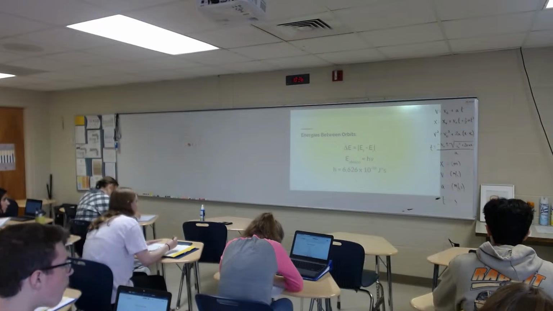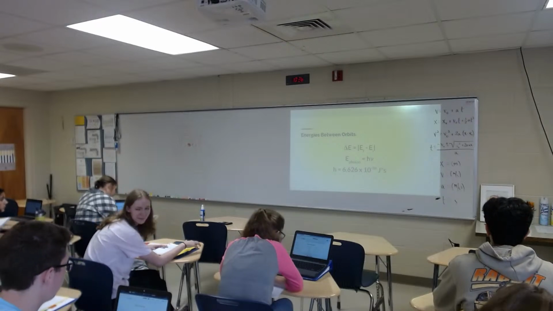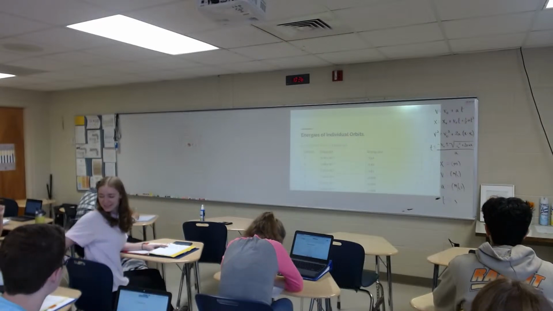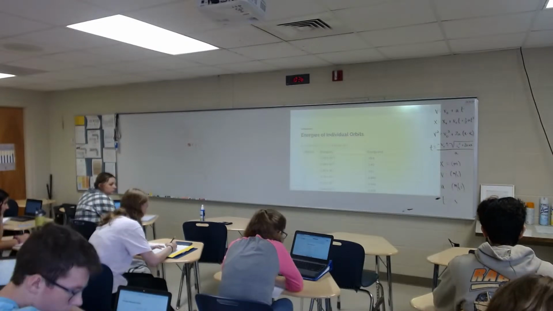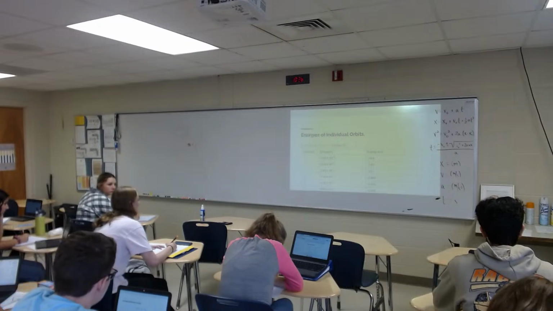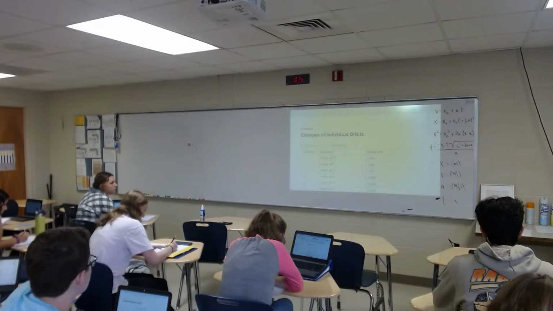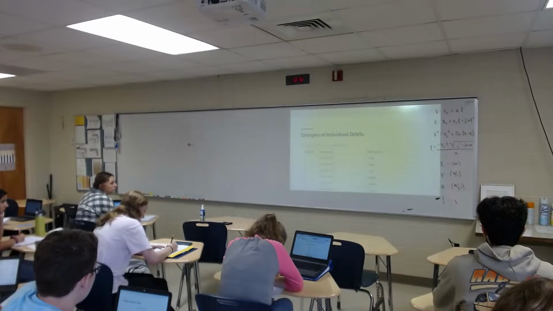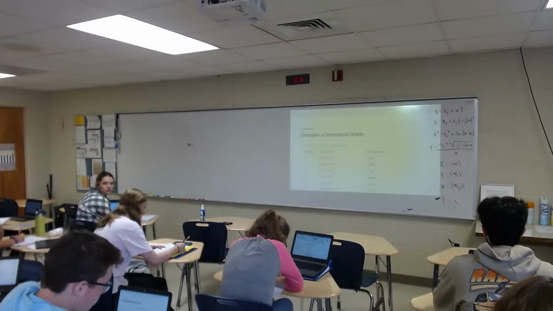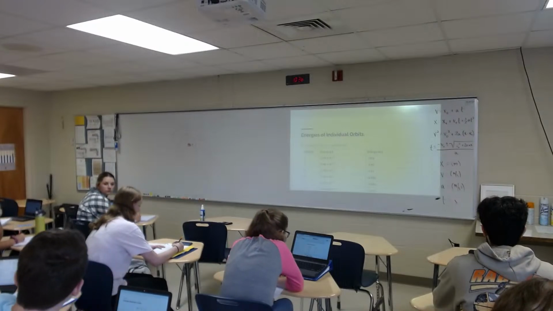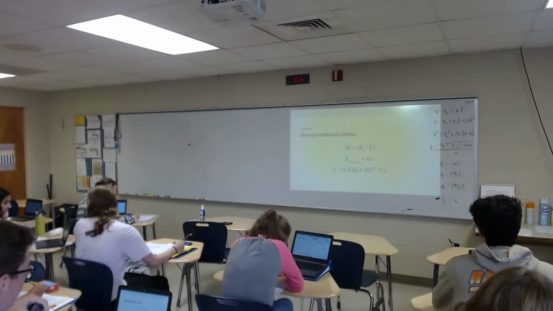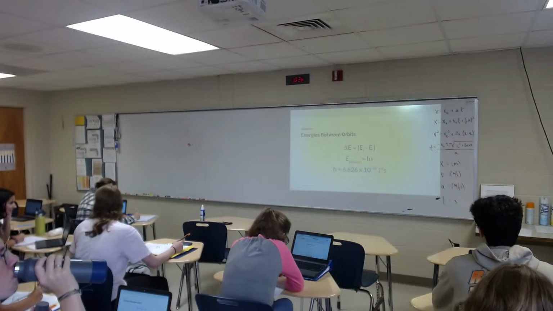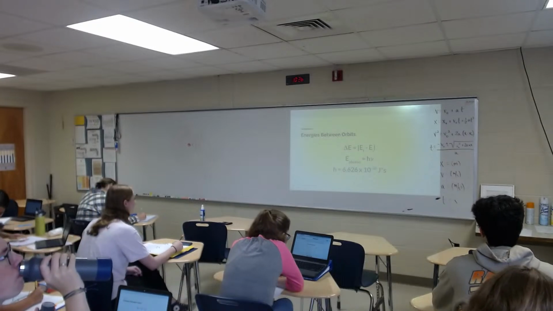All right. Delta E, the change in energy, write that down. Got it? The change in energy for an electron is equal to the absolute value of its final energy minus its initial energy.